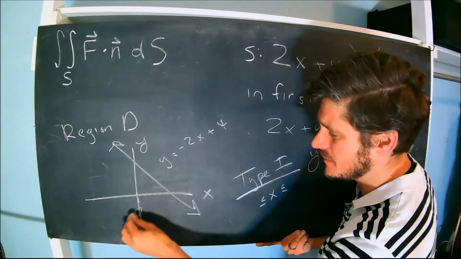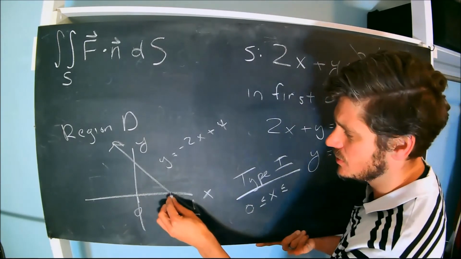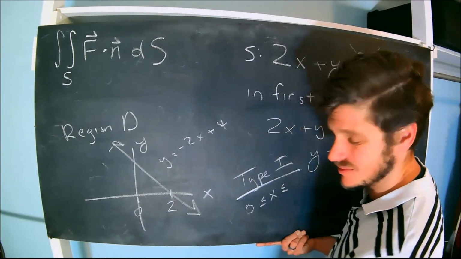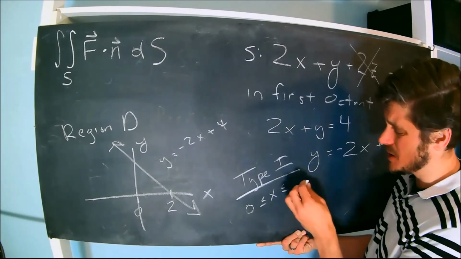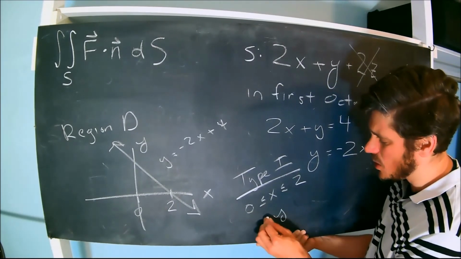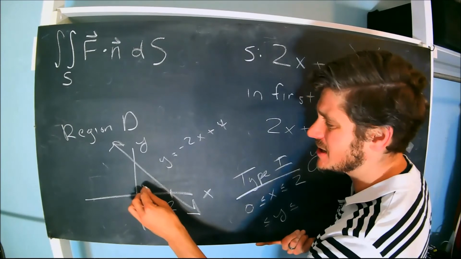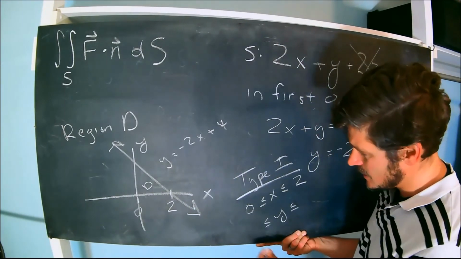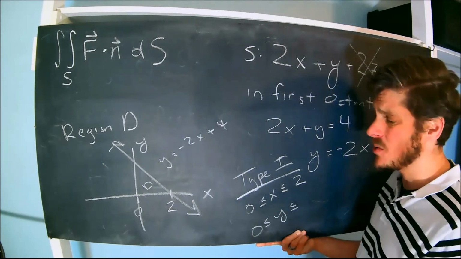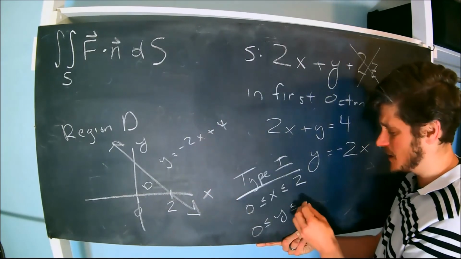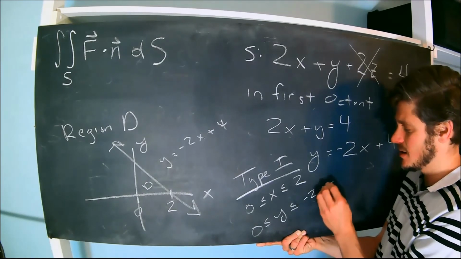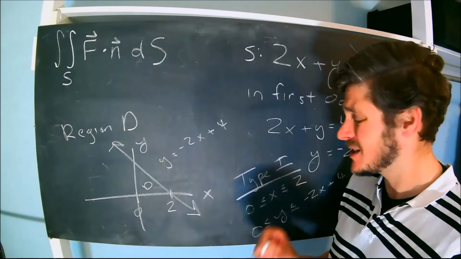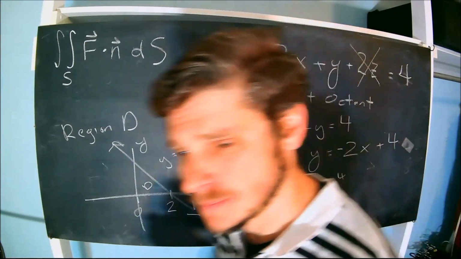So clearly x is going from 0 to, and do a little bit of algebra if you need to, 2. So x is bounded between 0 and 2, and then y is going to be bounded, well, my region D is this triangle that's bounded in the quadrant. So the lower limit is 0, and my upper limit is going to be my function, minus 2x plus 4. And now we're just about ready to put this all together.